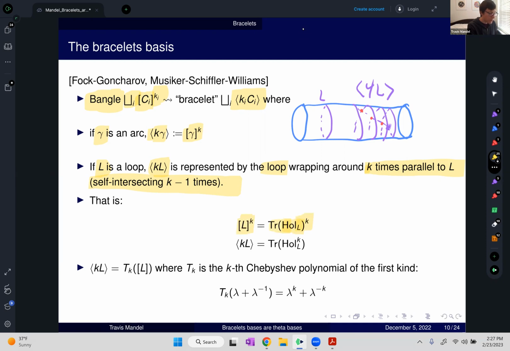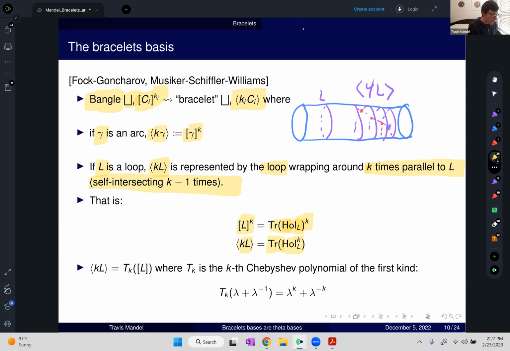But with the bracelets, if you go around your loop k times before taking the trace, you can think of that as you take the kth power of the holonomy and then take the trace. So the difference is just, do you take the kth power before or after taking the trace?